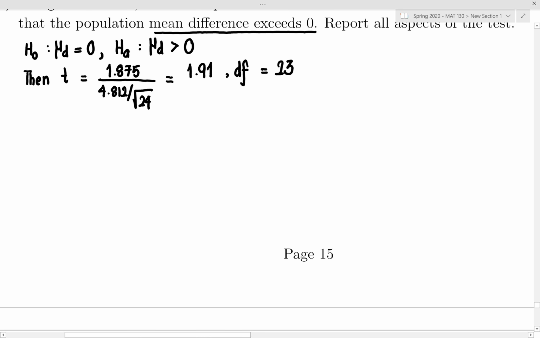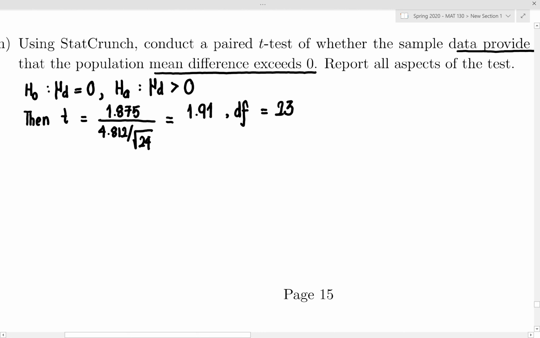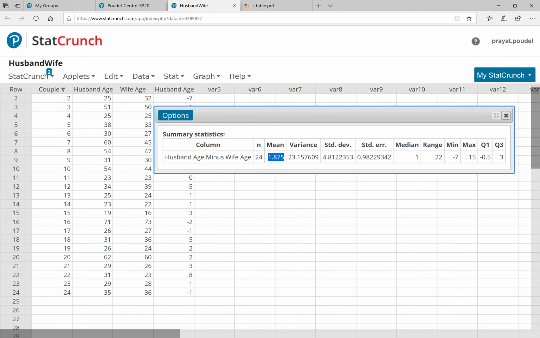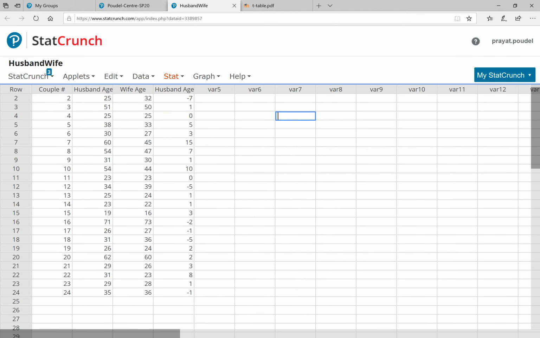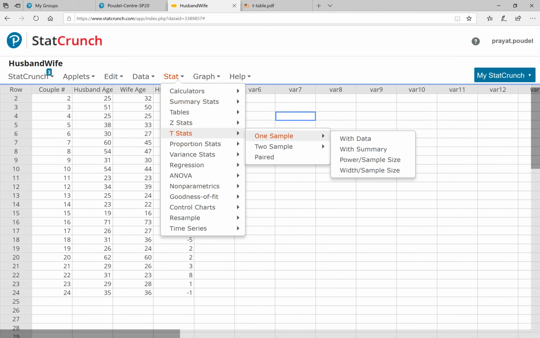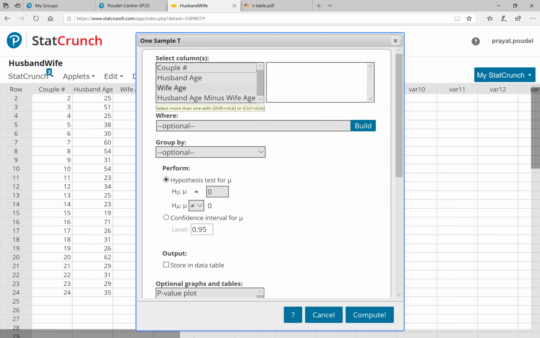All right, so we just computed that, but really, the question was saying use StatCrunch, so let's go ahead and use StatCrunch to do this. So let's go to our data here, husband, wife. Let's close this here. We already have the difference, so we're going to do Stat, T stats, one sample. We have our data, and the sample we're going to be using is the husband's age minus wife's age.